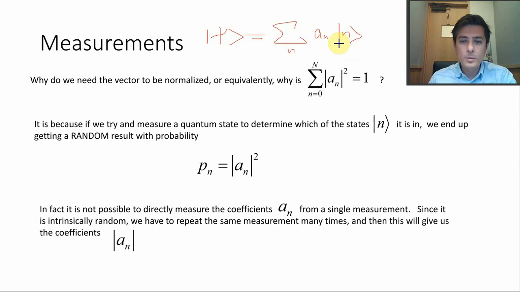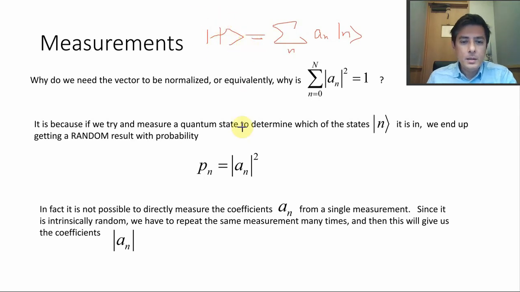So we've got a whole bunch of states here, and the quantum state is written as some vector with these coefficients, these a_n's. And we're talking about why these a_n's need to be normalized, or in other words, why this vector needs to have a length of 1.